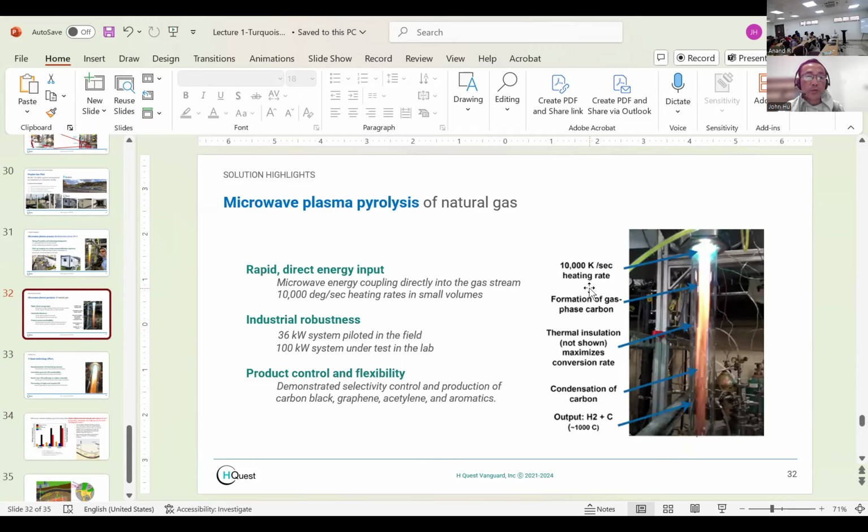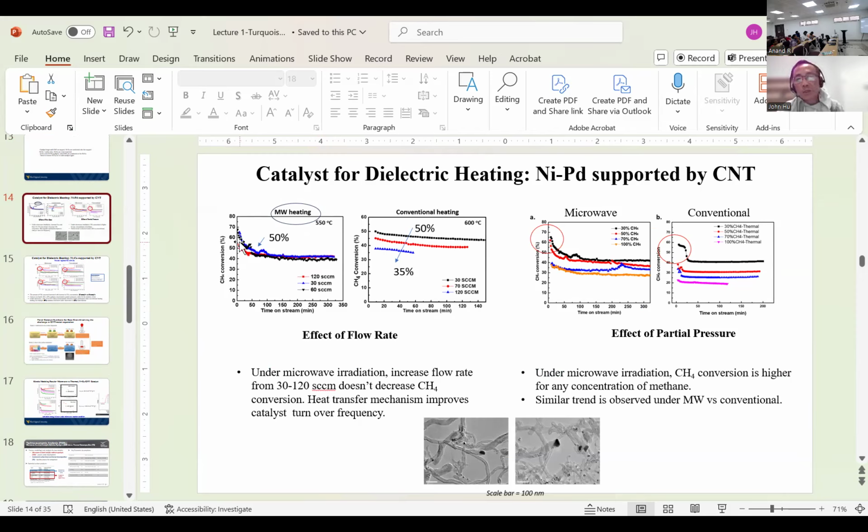We actually calculated and also measured the heat transfer rate. How important is the heat transfer rate? If you recall this graph, no matter how you change the flow rate, which means how much feed you push through, conversion essentially doesn't change because this is equilibrium conversion, and the heat transfer is so fast.